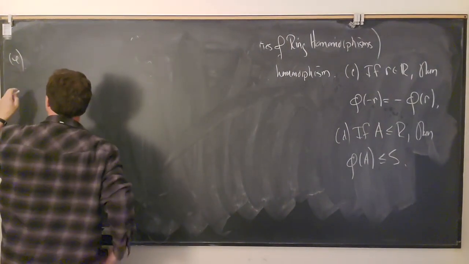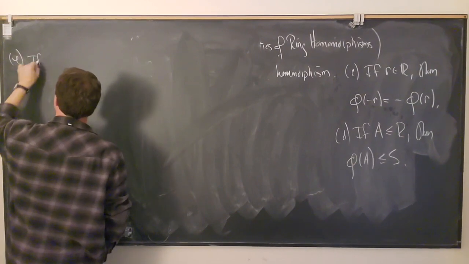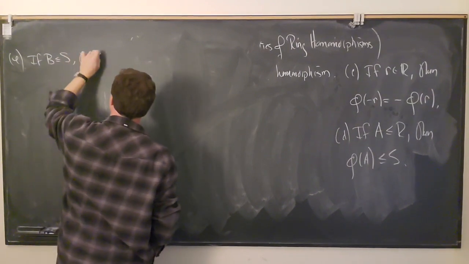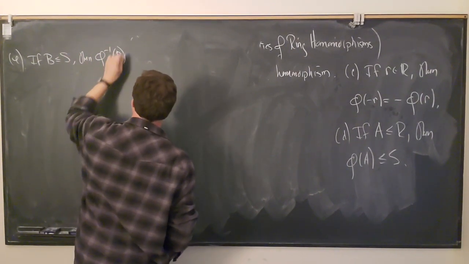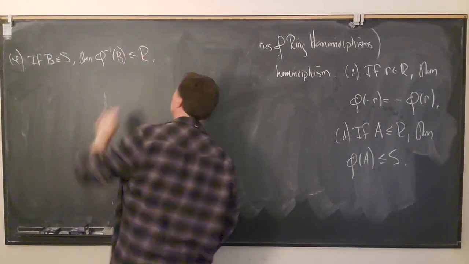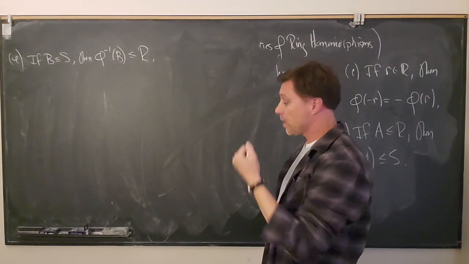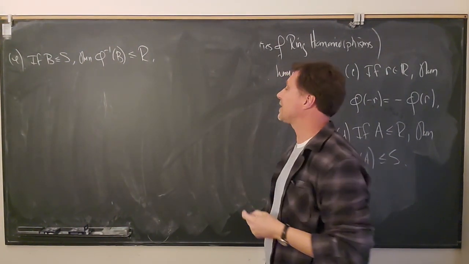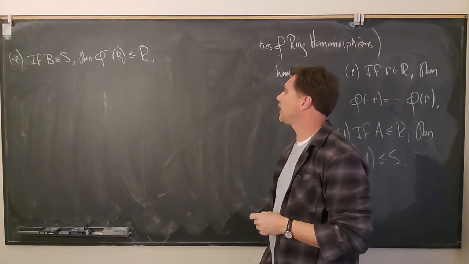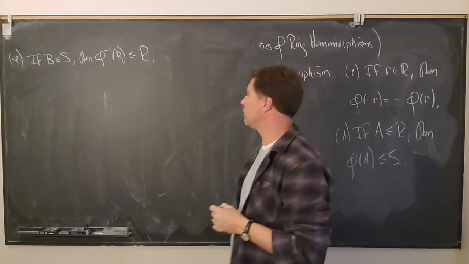Okay, so for part E, let me just remind myself what I'm proving. So this goes like this: if B is a subring of S, then the inverse image of B is a subring of capital R. Okay, so what do I need to do? Well, to apply the subring test, I need to show that it's non-empty, closed under subtraction and multiplication.